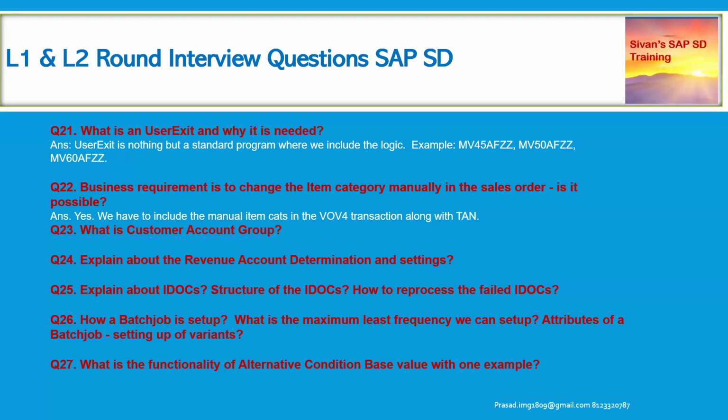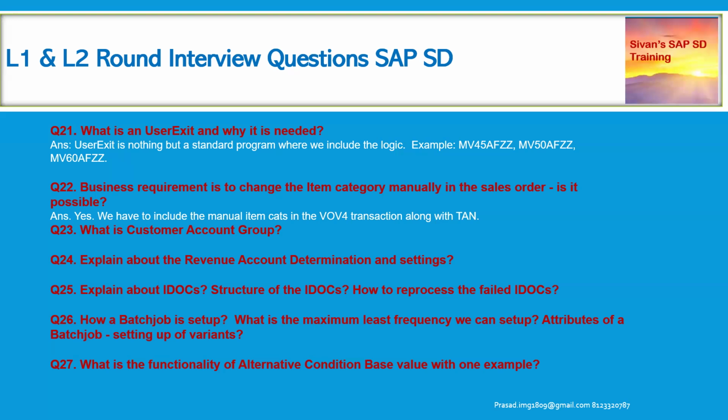For example, MV45AFZZ, that is the sales order triggering program, MV50AFZZ, delivery document creation program, MV60AFZZ, billing document creation program. Again, within that, there will be the include programs. So we can see them, and then accordingly we can propose where we can incorporate the logic to the technical teams, that are nothing but ABAP teams.